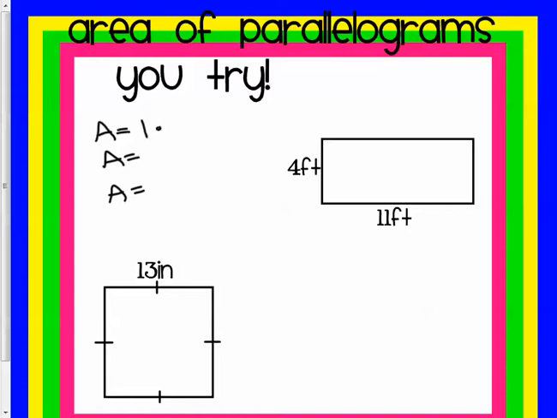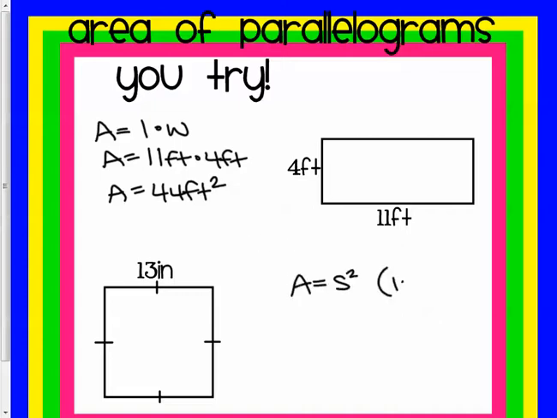Okay, so you're going to take the length times the width, or the base times the height, which is 11 by 4. And this is not just 11, it's 11 feet. So please erase and make sure that you have that if you don't. 11 times 4 is 44, and a foot times a foot is a foot squared. Down here, area equals the side squared, which is the same as the length times the width.